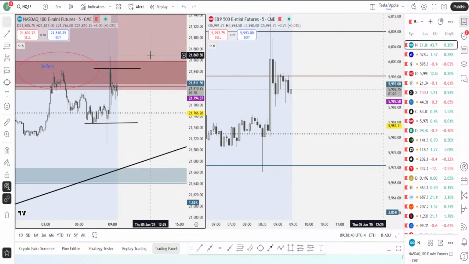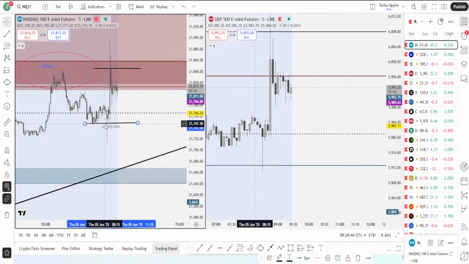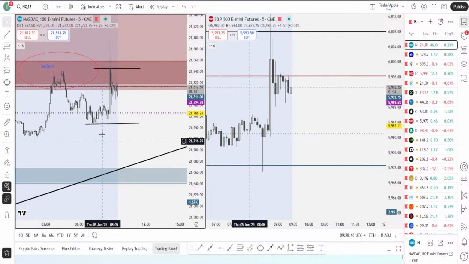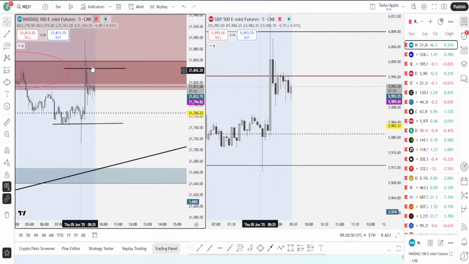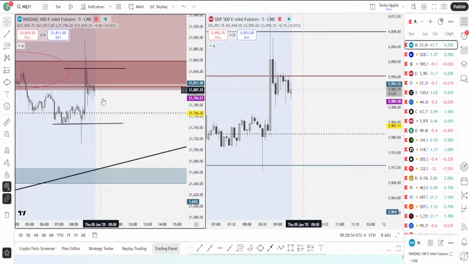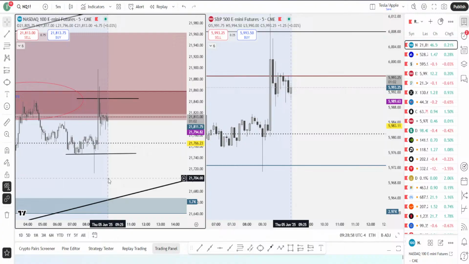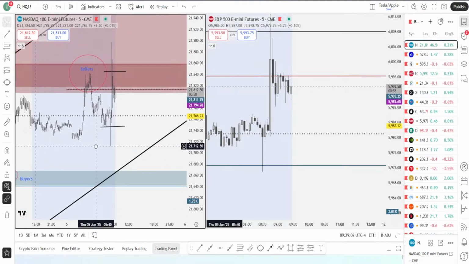So now there's not really any clear direction on whether we're going up or down. There's no clear direction here, so we need to wait for more information, more candlesticks, and see where we're headed for the day.